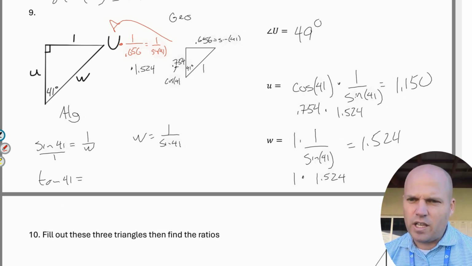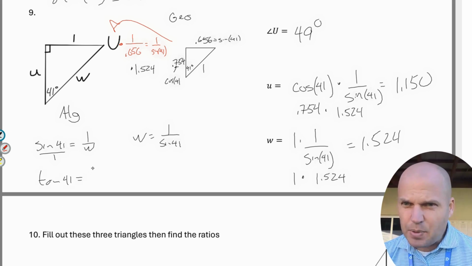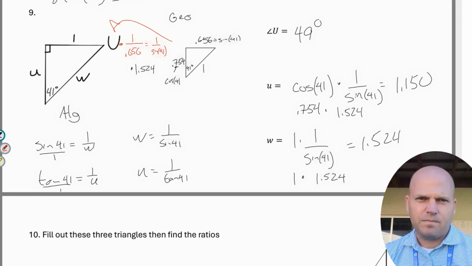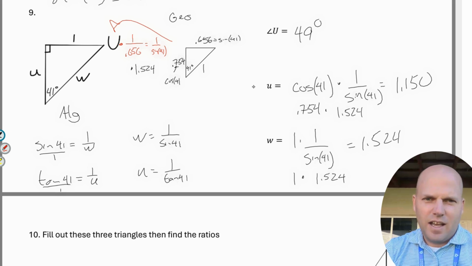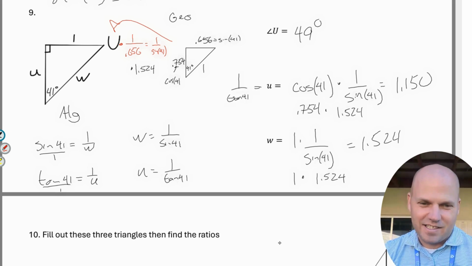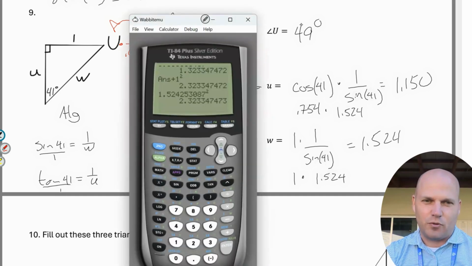Tangent of 41 equals the opposite over the adjacent, which means cross multiply divide. U would equal 1 over the tangent of 41. I bet you this is the same as 1 over the tangent of 41. And it is. It's just really beautiful.